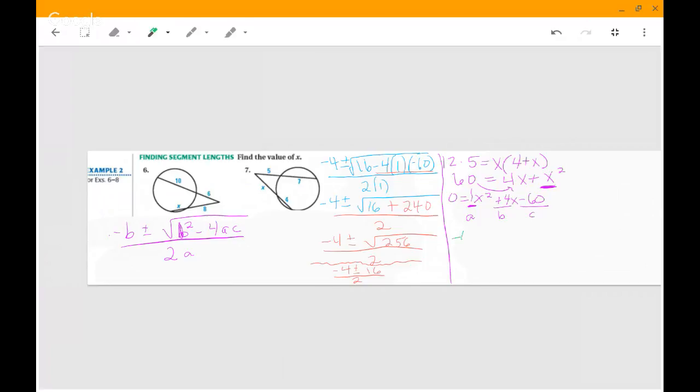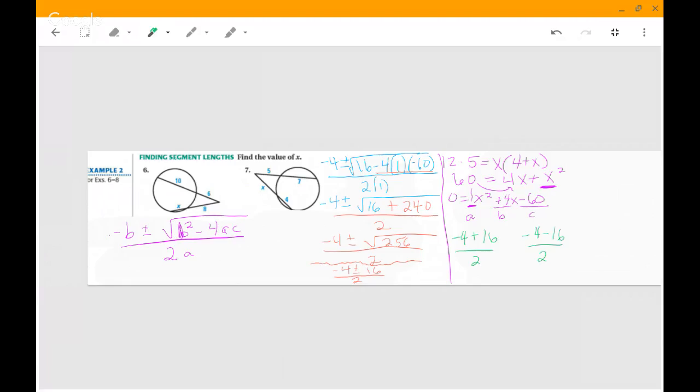We have -4 plus 16 over 2. And we have -4 minus 16 over 2. So the answer when you add the numerator numbers would be what? 4.